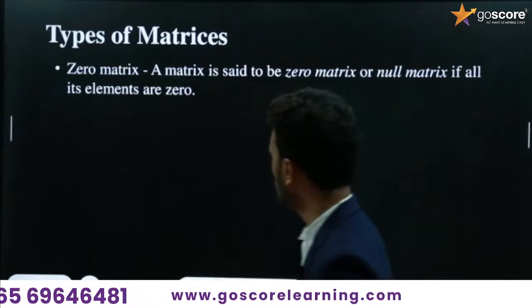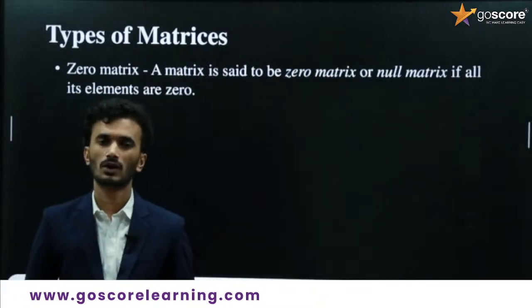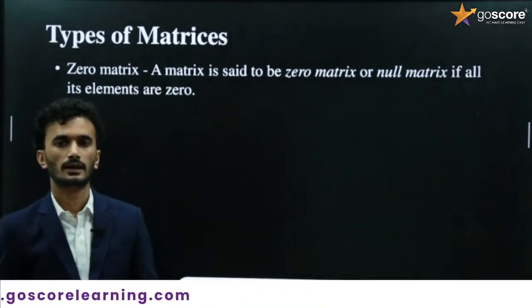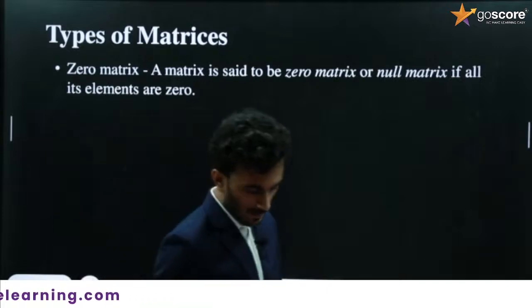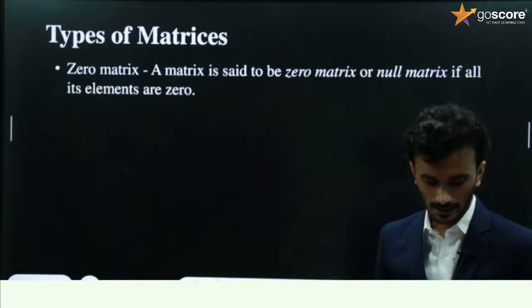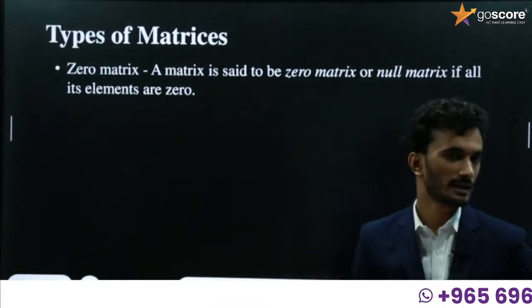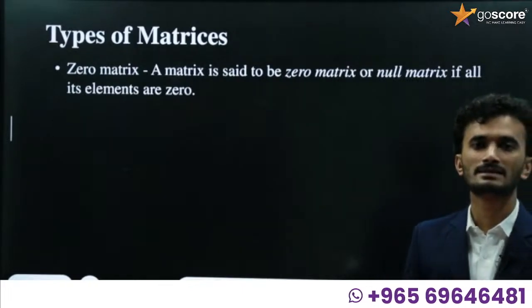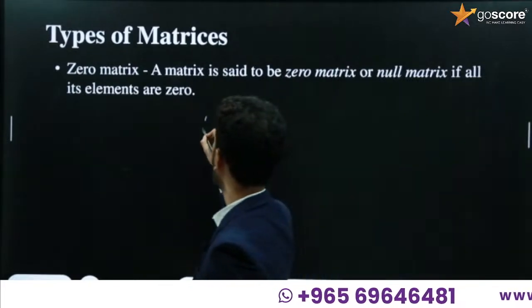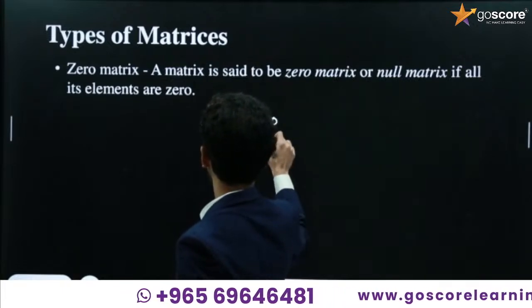Next one, last, zero matrix. What do you mean by zero matrix or null matrix? It is also called a null matrix. You can just comment. A matrix is said to be zero or null matrix if all the elements are zero.